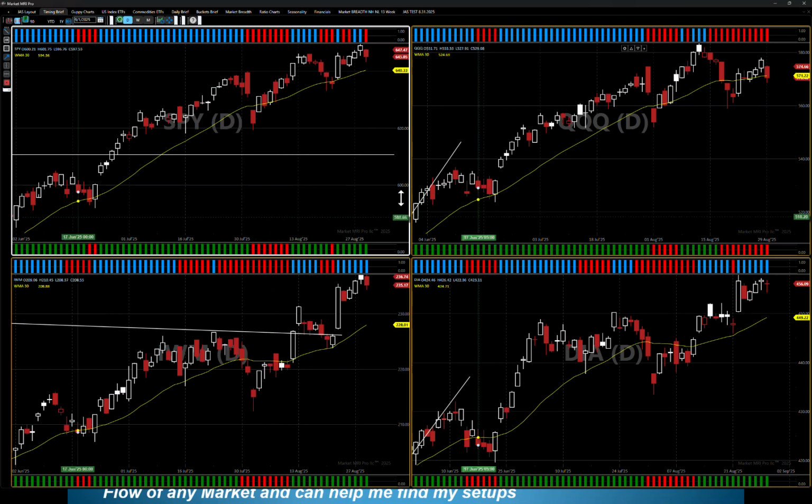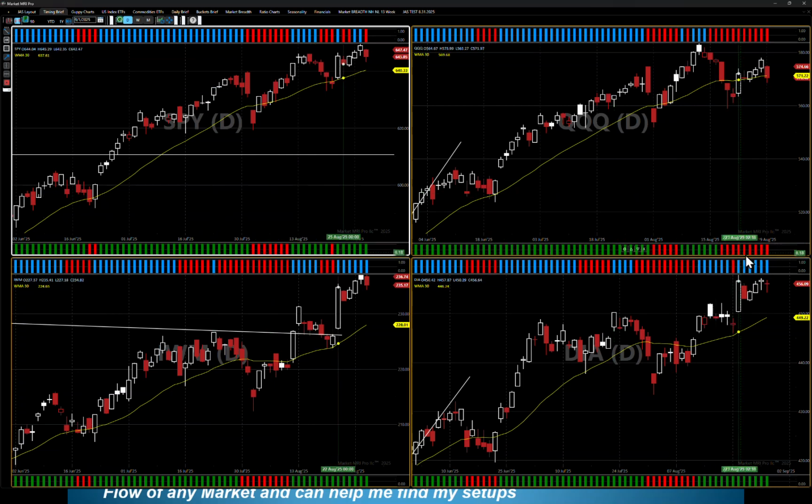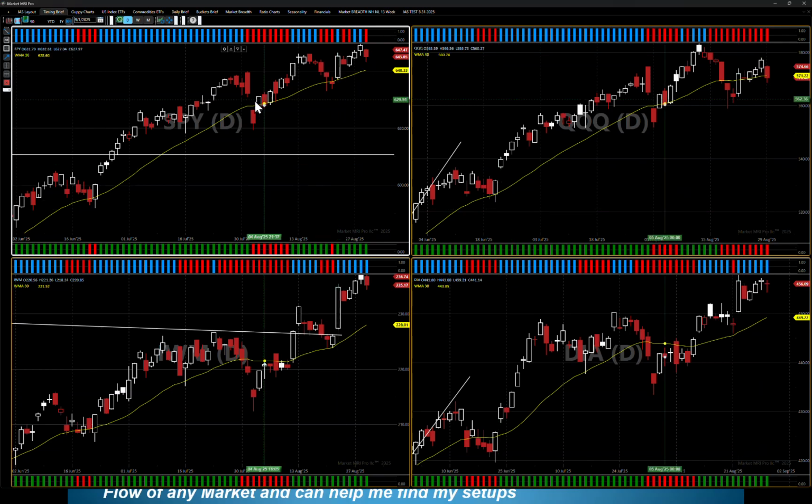When I start to have combinations where I start getting red in some, and pullbacks here, they all went red during this little pullback in here. All of the markets, you can see the cursors moving on both sides. When this goes red, but the weekly is green, I have a pullback in an uptrend.